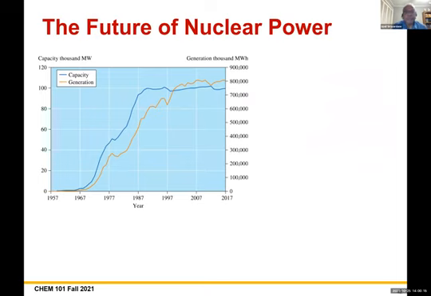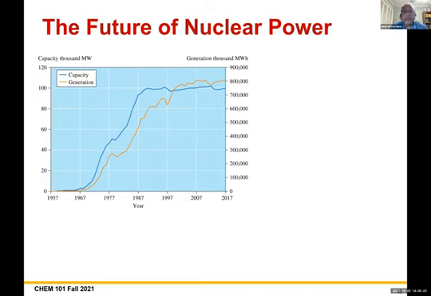So the future of nuclear power is uncertain. It increased until about 1987. Since the disasters of Three Mile Island, Chernobyl and Fukushima, not many nuclear reactors were built because of the fears.